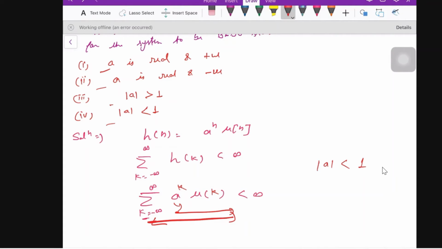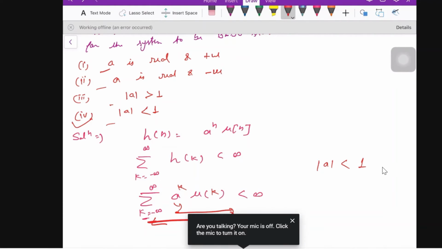So the answer is mod a should be less than 1 because it does not depend on whether it is real or positive. Because you have to check.